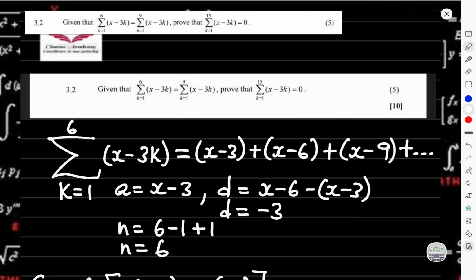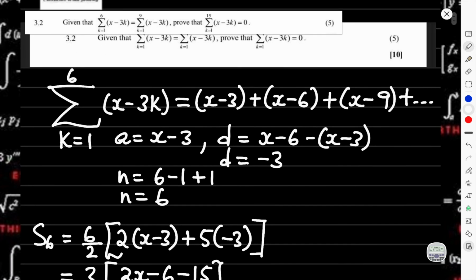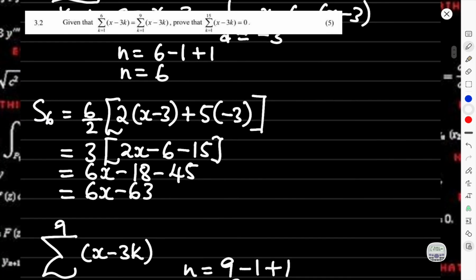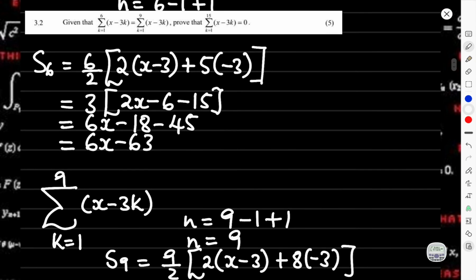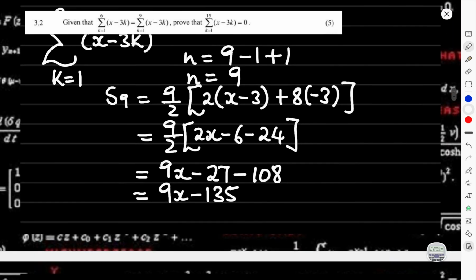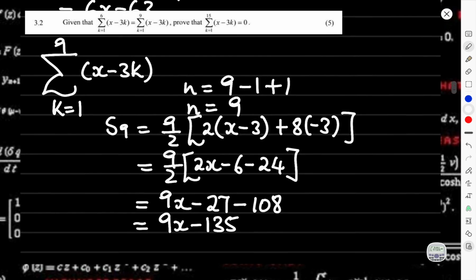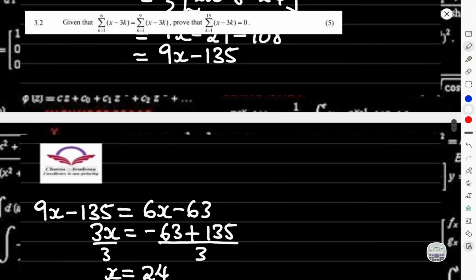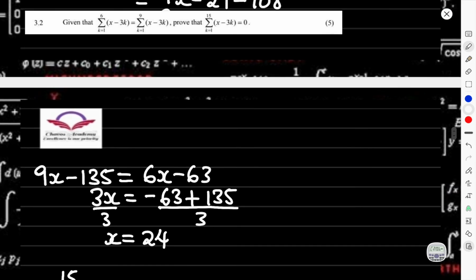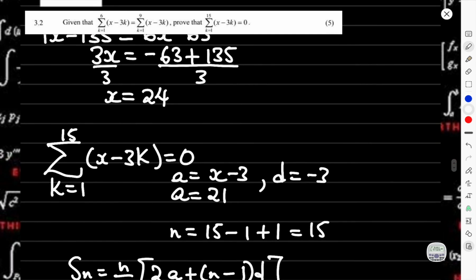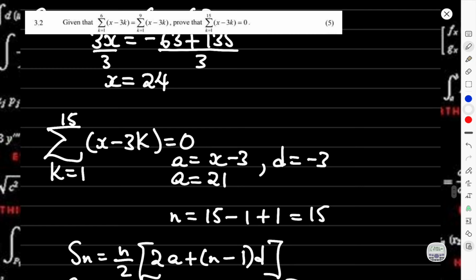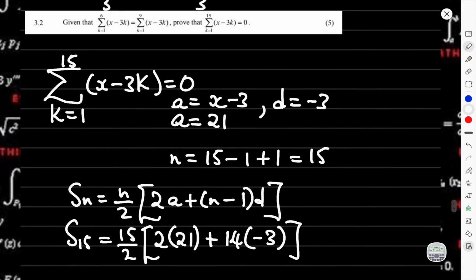A is x minus 3, and d and n are there. Then x equals 24, and 24 minus 3 is 21 as your a.